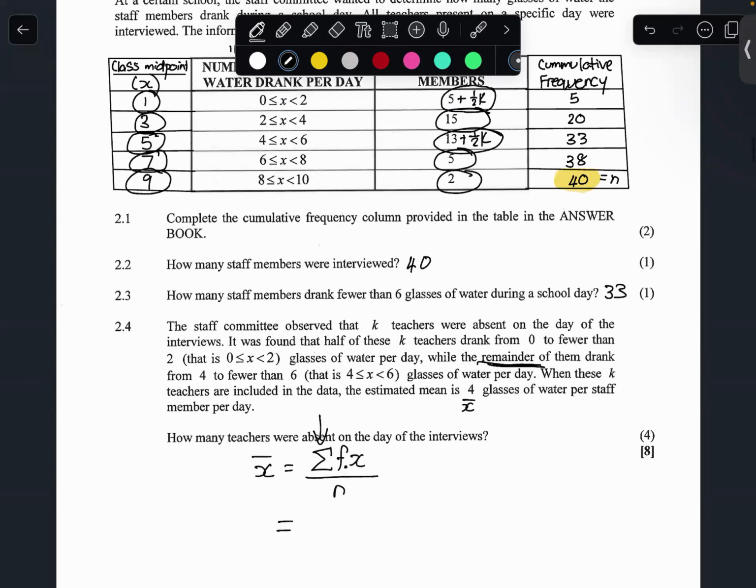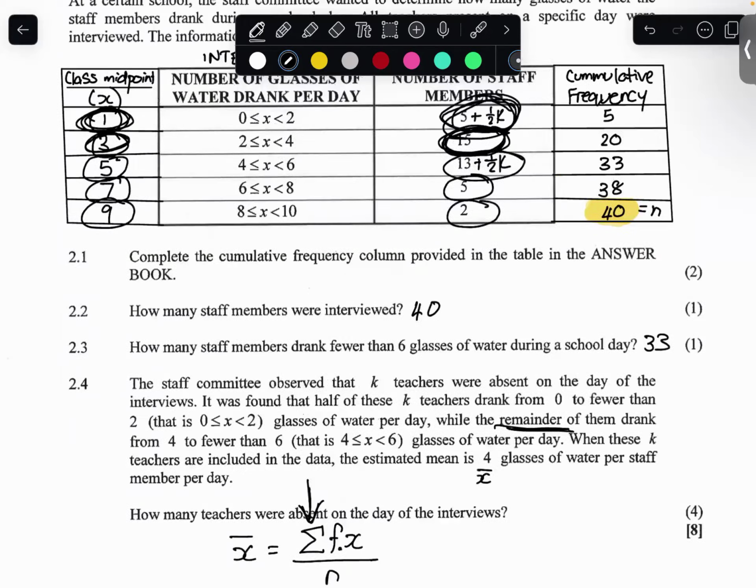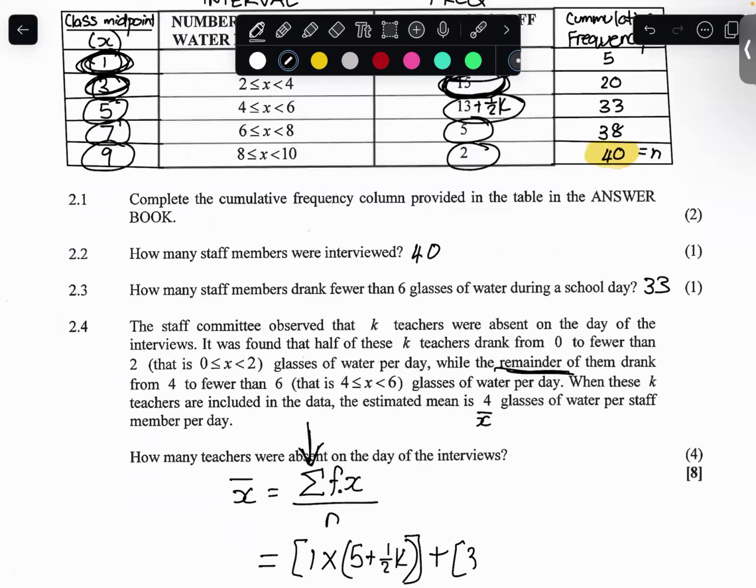So the first thing is 1 times 5 plus a half k. This is the frequency times the data. Plus, because sigma stands for adding all of these things, the next one is 15 times 3, or 3 times 15, either way. Plus, next one is 5. Sorry, you can't see any of this.